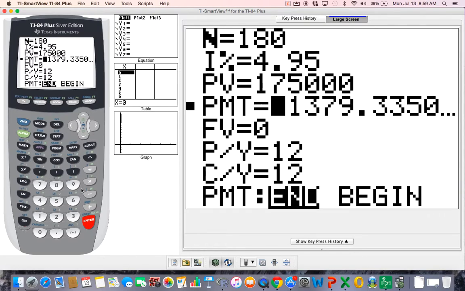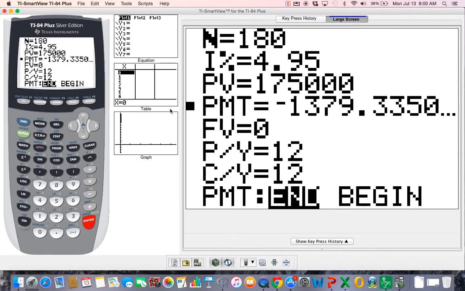I'm just going to write this down. The payment is $1,379.34. Clearly we round to 0.34 because the third digit is 5, which bumps that up.